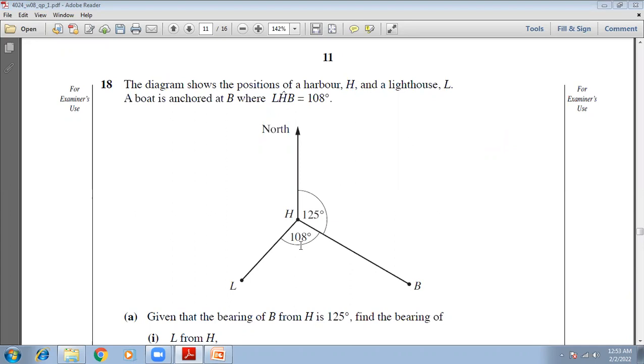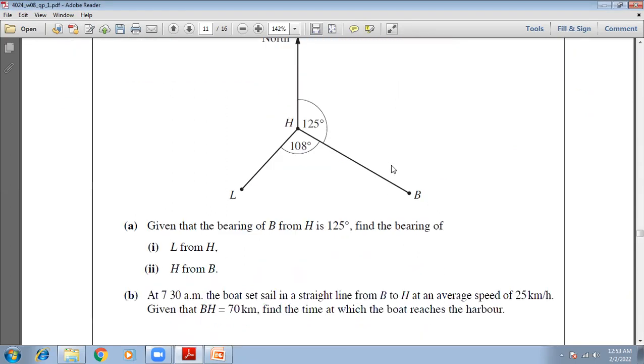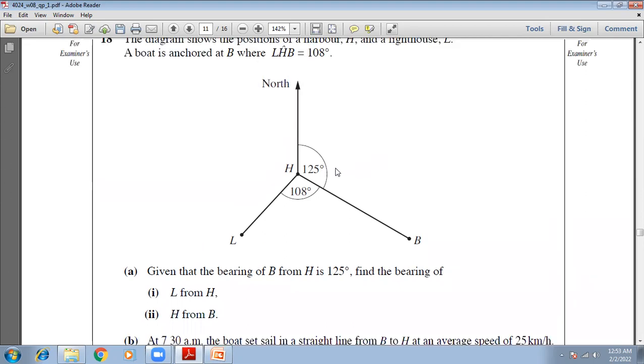So this angle LHB is 108, and given that the bearing of B from H is 125 degrees, this is the north, the bearing of B from H is 125. Find the bearing of L from H.